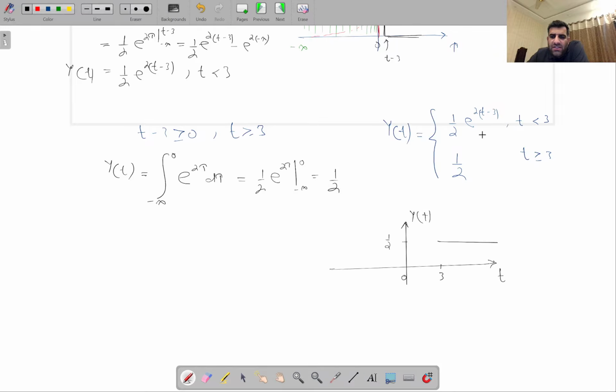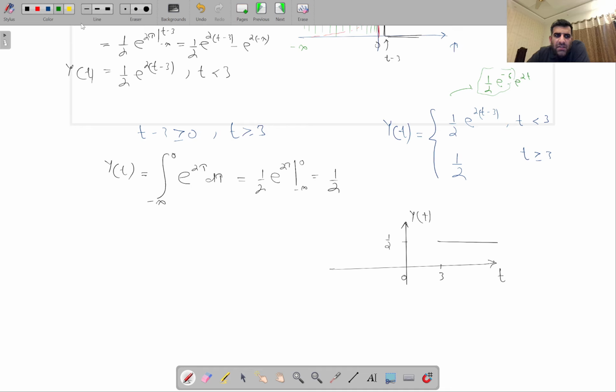And then for less than 3, what we can see is that this is basically e raised to power 2t. If I open up this expression, then this is basically 1 upon 2 e raised to power minus 6 times e raised to power 2t. Okay, so this is some constant value, and then this is a rising exponential e raised to power 2t.